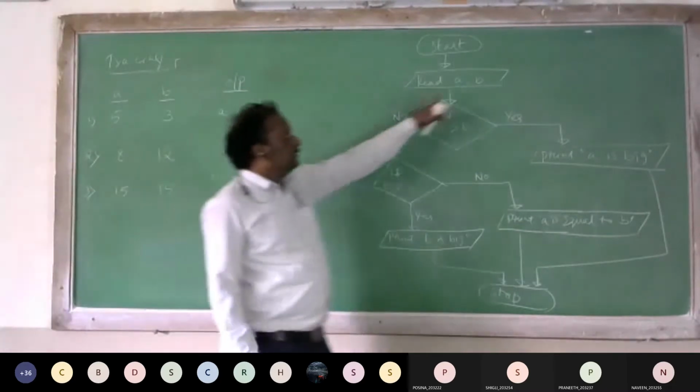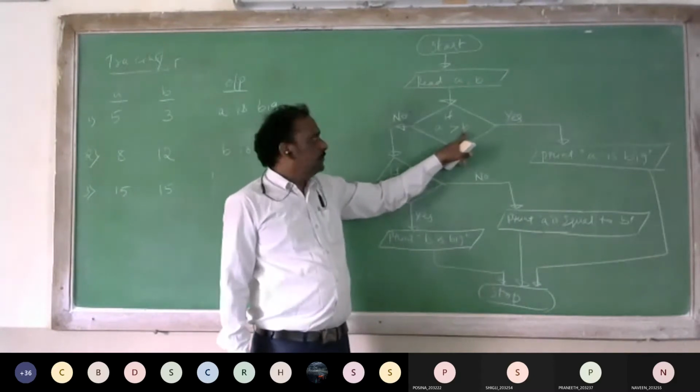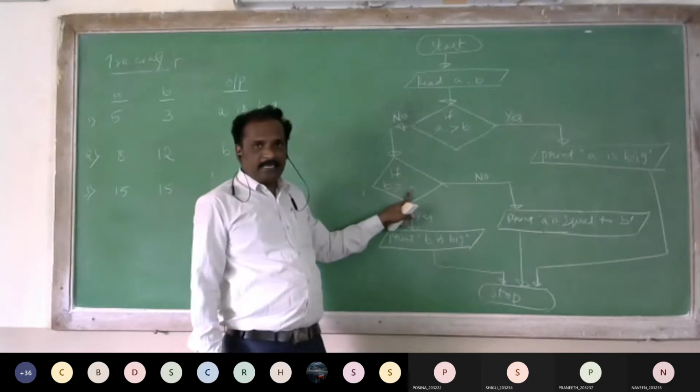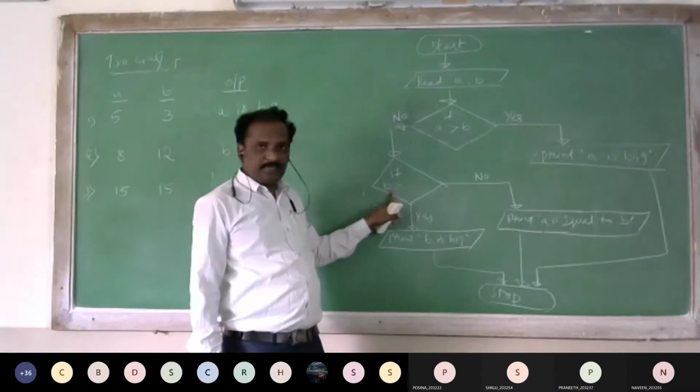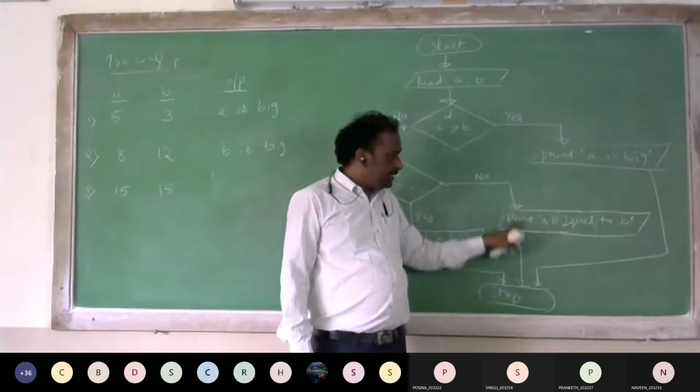Again tracing. 15, 15. Is 15 greater than 15? No. No means follow this arrow. Now, is B greater than A? B value is also 15, right? 15 greater than 15. No. No means follow this arrow.